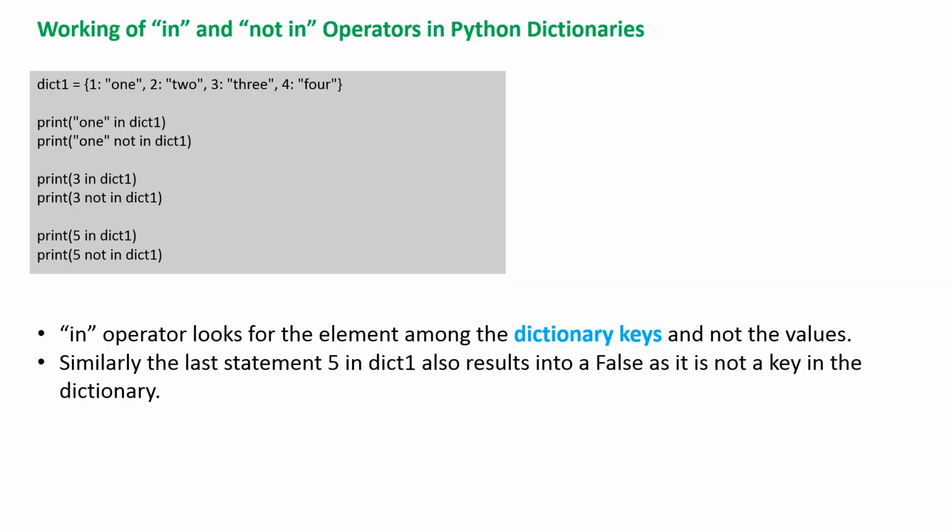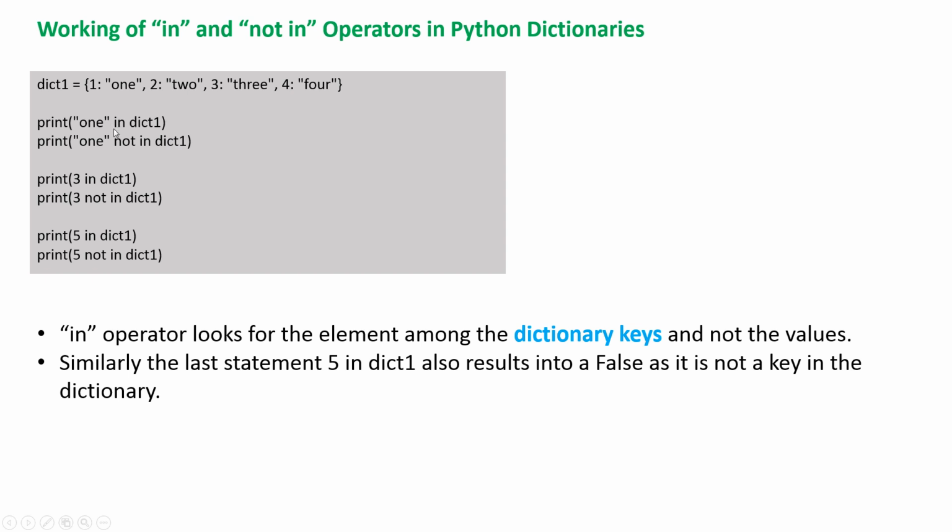But there is something called a Python dictionary, and on this it works slightly differently. As we know, in a dictionary we have key and value pairs. So the in operator works only on the keys and not on the values. As we will see in the demonstration, the keys are represented by the numbers, and the words ONE, TWO and THREE represent the values.